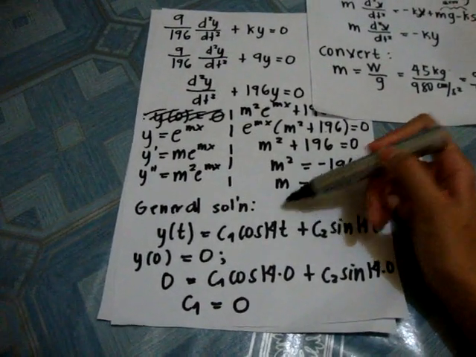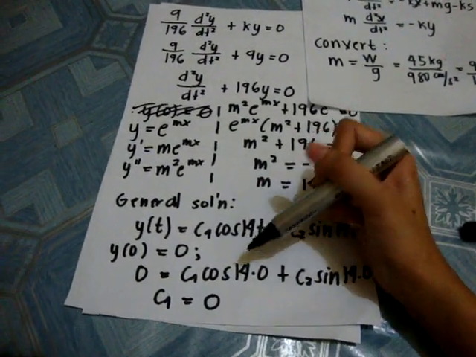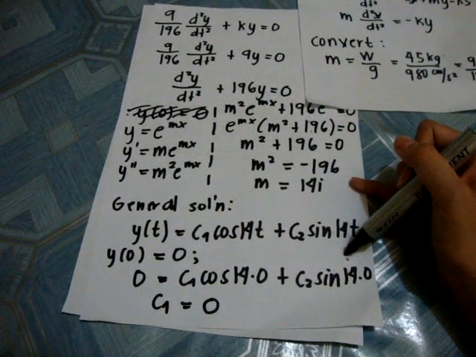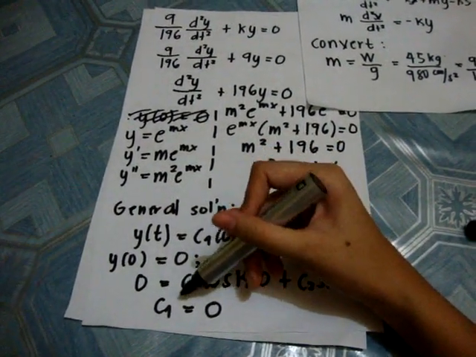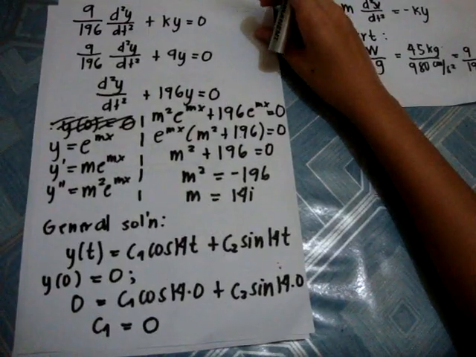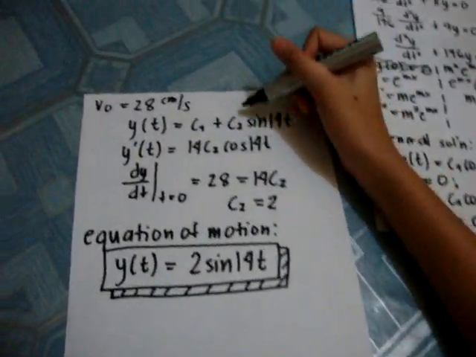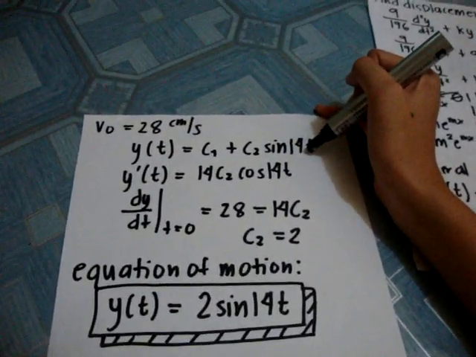In this equation, we will have 0 is equal to c1 cosine 0 plus c2 sine 0, and we will have an answer of c1 is equal to 0. So we will have now the equation y of t is equal to c2 sine 14t.